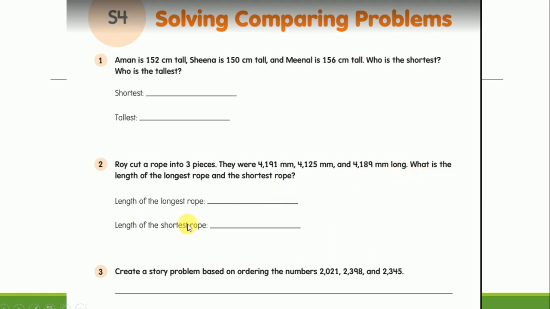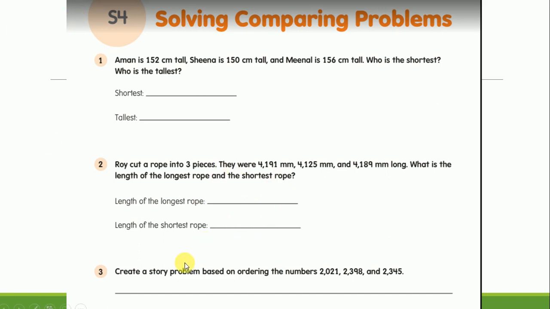What is the length of the longest rope and the shortest rope? Again, there are 3 different numbers given for you, right? Find which is the greatest number and which is the shortest one. The greatest number you have to write in the longest rope place. The smallest number you have to write in the length of the shortest rope.